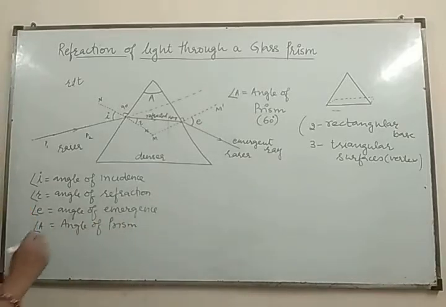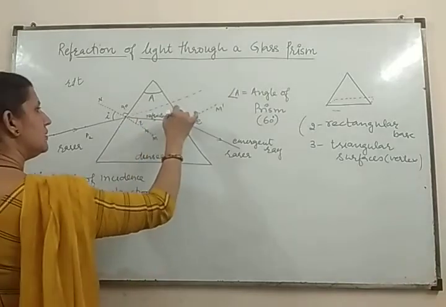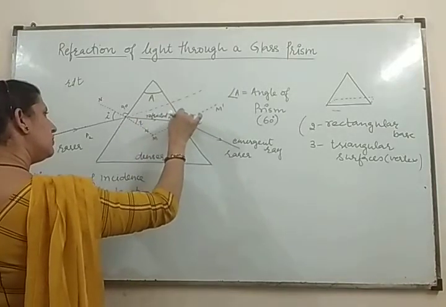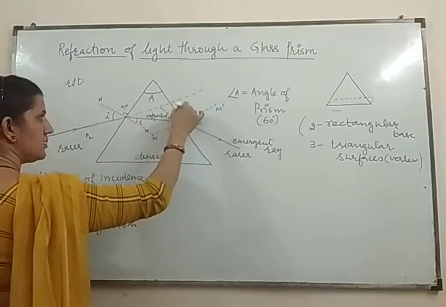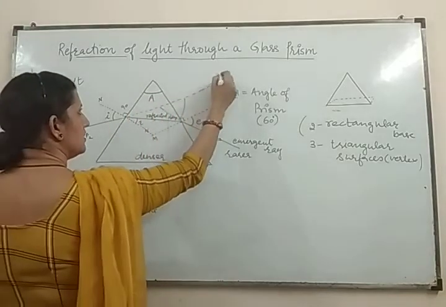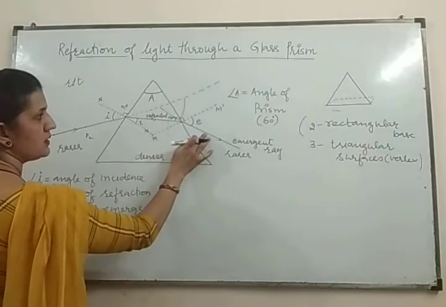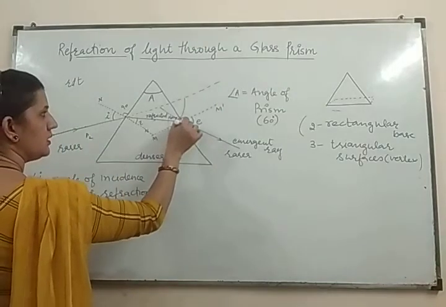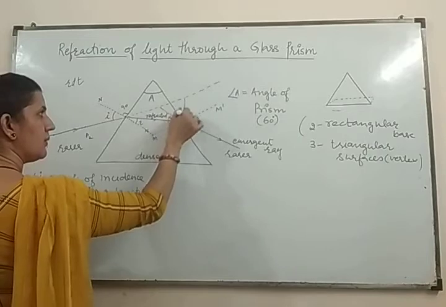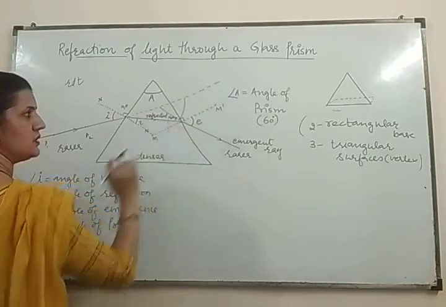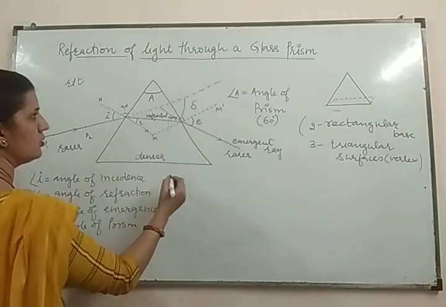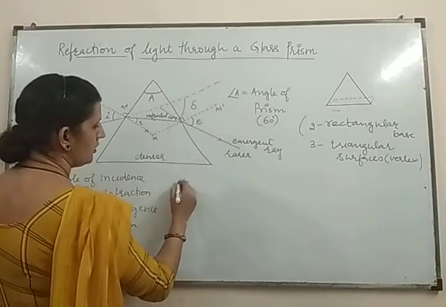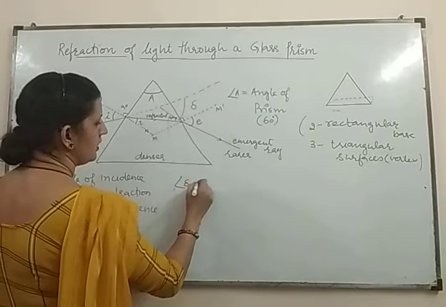Okay? And now this emergent ray back produce the ray in this direction. You can see this was the incident ray and this is the emergent ray. The angle between the emergent ray and the incident ray is denoted by delta and is known as the angle of deviation.